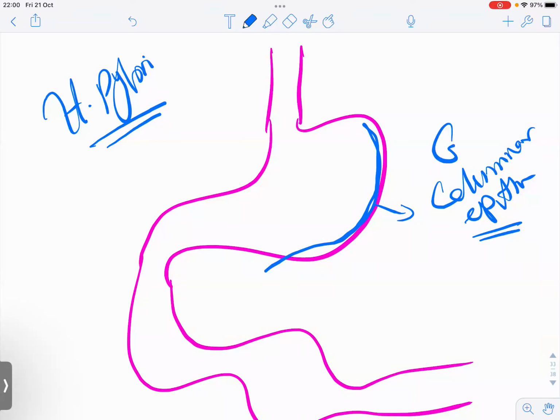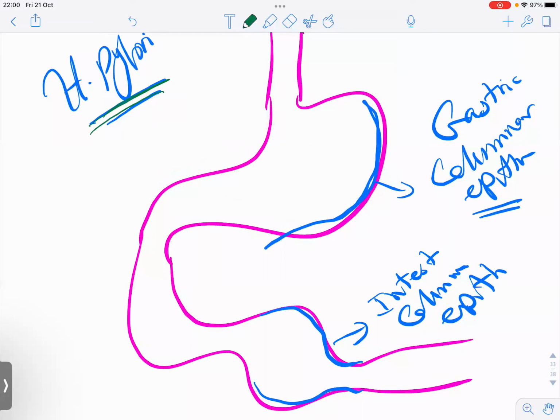Why do we call it gastric? Because it's different from intestinal columnar epithelium. It's also columnar, but it's different. Different in what? Helicobacter pylori loves to live in the stomach because gastric columnar epithelium secretes a specific type of mucin, which this bacterium can eat.